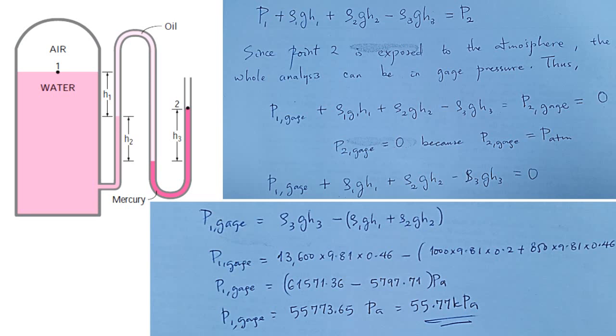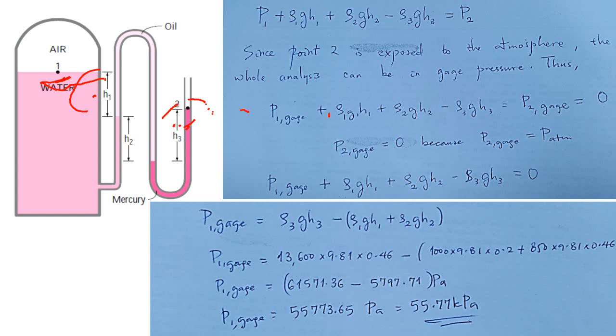So this is what we are gonna do. You can see point 1 over here, and point 2 here, and we're going to connect the two points, and we are going to see how pressure varies as we go from point 1 to point 2.